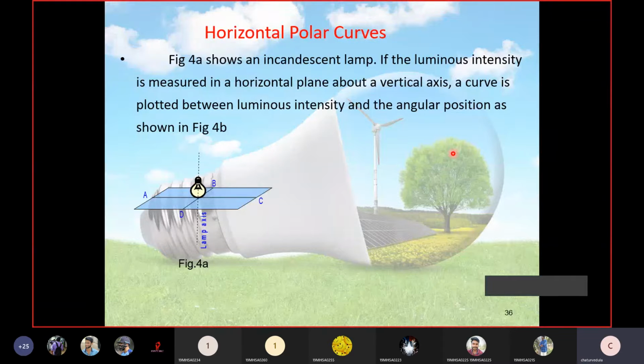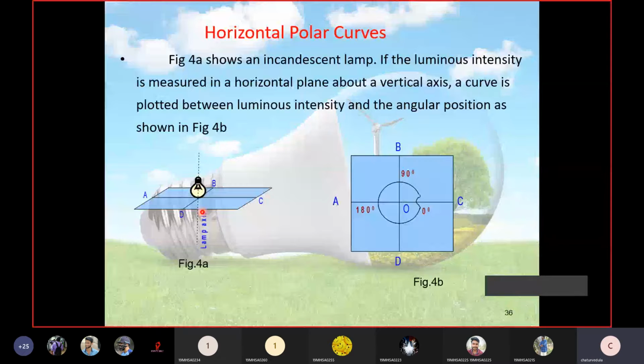Figure 4.A shows the incandescent lamp, where the luminous intensity is measured in the horizontal plane, and a curve is plotted between luminous intensity and angular position. That is shown in figure 4.B.